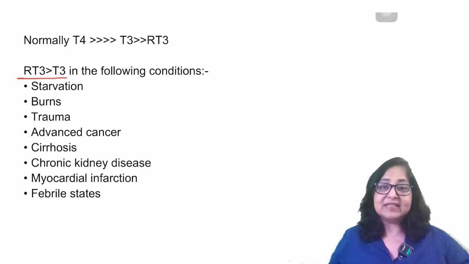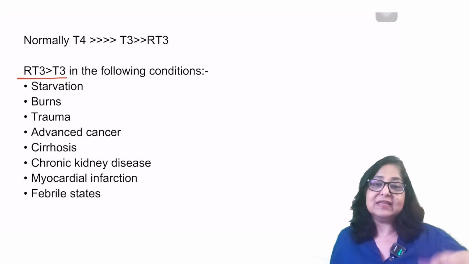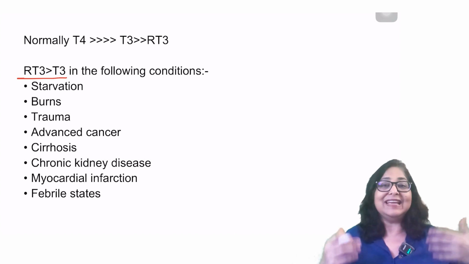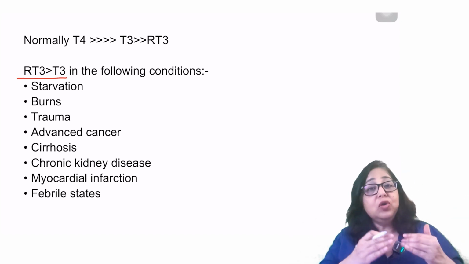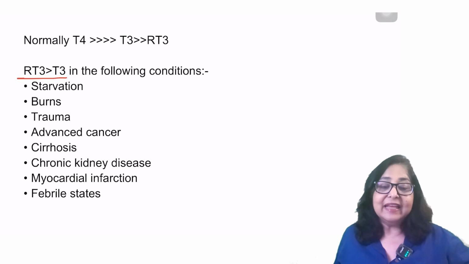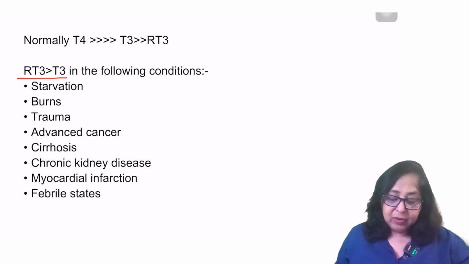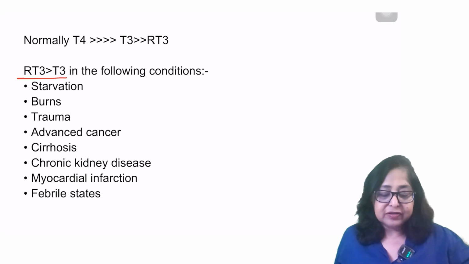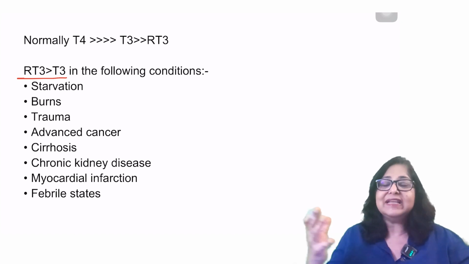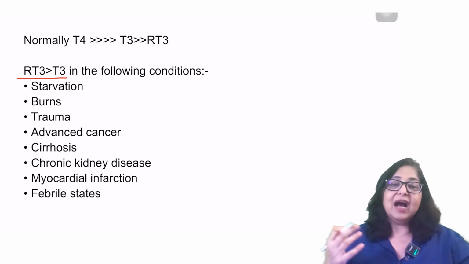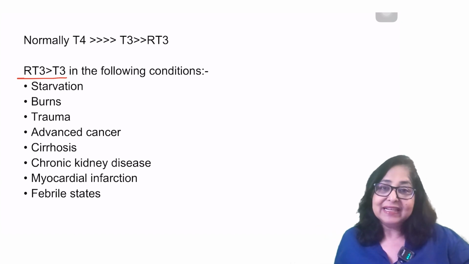But of course, like we've discussed, fever by itself causes an increase in metabolic rate because there is heat being generated. But prolonged fever can give rise to RT3 becoming more than T3. Myocardial infarctions, chronic kidney disease, liver cirrhosis, etc. So any prolonged illness will cause the RT3 to become more than T3.